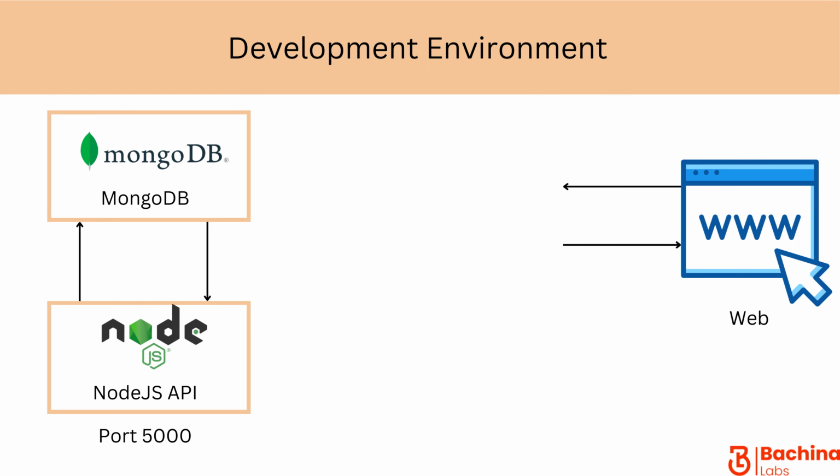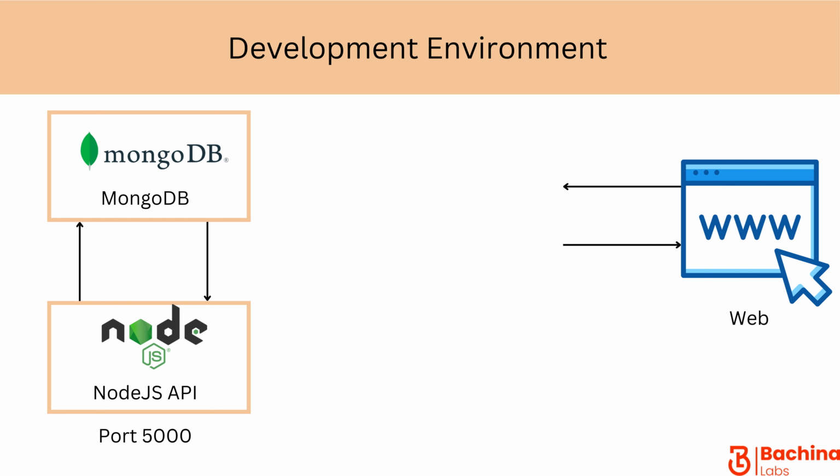So when it comes to the development environment, we need to build our backend and our front end separately, and we should be running these separately as well, because you need to make changes to both backend and front end at the same time, since you are still in the development phase.